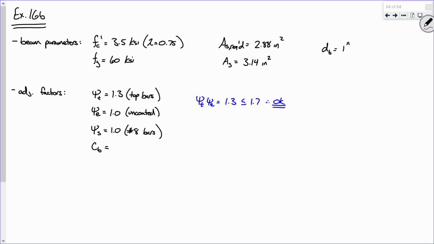Now, can somebody tell me what the C sub B value is for this beam? 2 inches. I think I heard a couple people say that, so I got a second on that. All right, good. So here's what we're going to do.